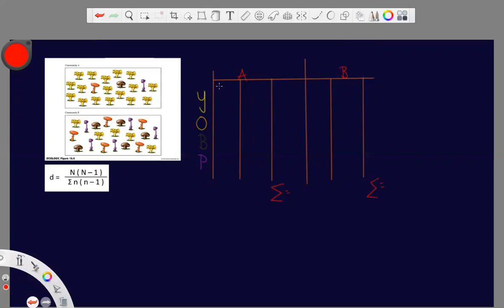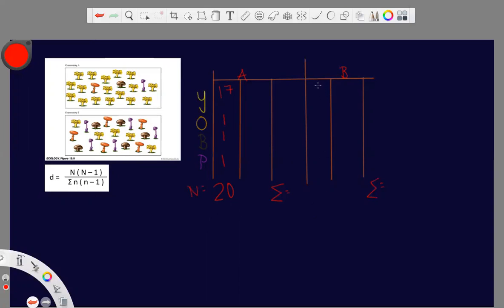So there's 17 yellows in community A. You can see that there's 1 orange, 1 brown, and 1 purple. So in total, if I add all of those up, I have got 20 specimens. It's the total number of all species, and that is N. So N is equal to 20.